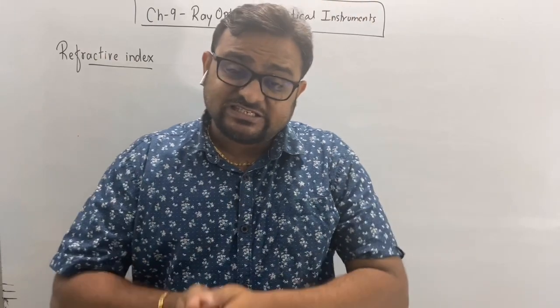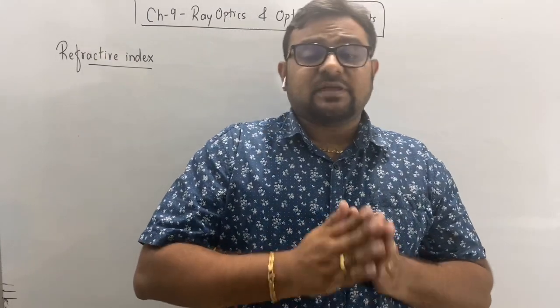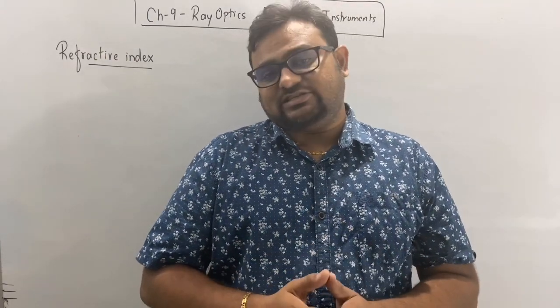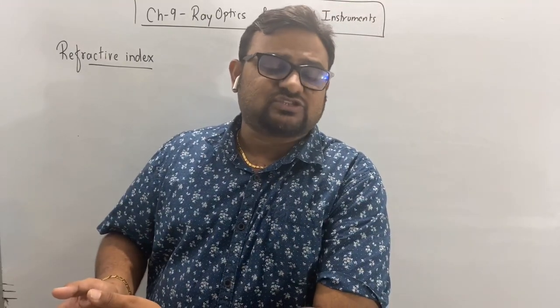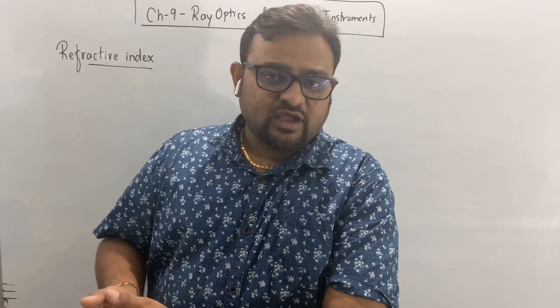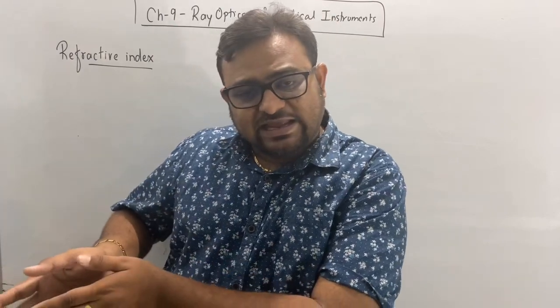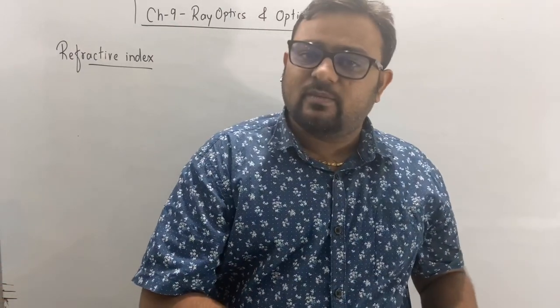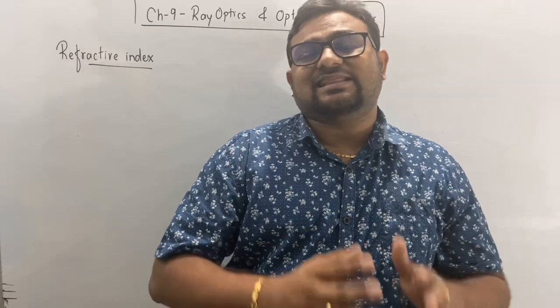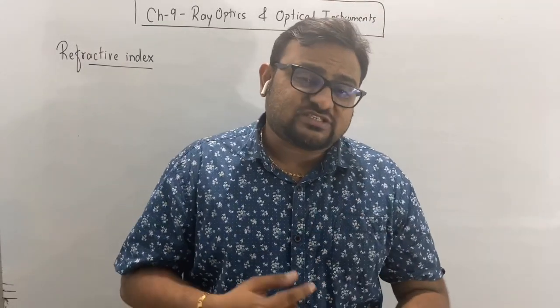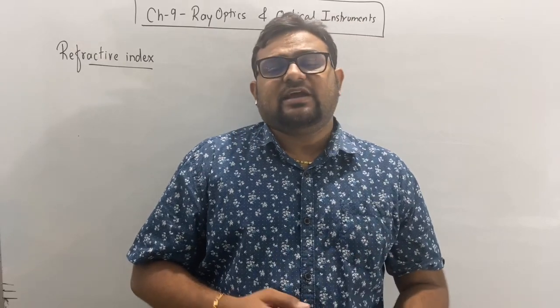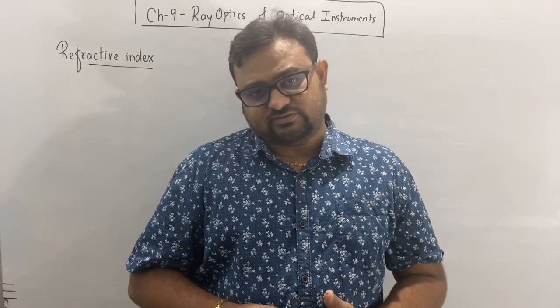When it changes the medium, the speed of light changes. It is maximum in vacuum, that is 3 into 10 raised to 8 meter per second. Apart from vacuum, in any other medium, its speed is less than 3 into 10 raised to 8. So due to this change in speed, refraction occurs.